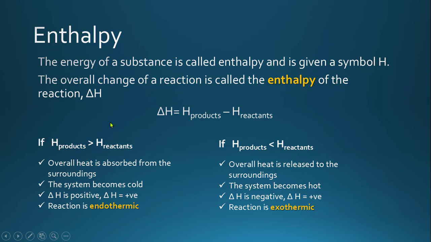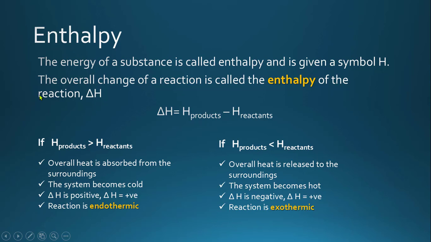Enthalpy. All substances are said to possess enthalpy, also called heat content, and we refer to that as H. If a reaction is carried out at constant pressure and no other work is involved, then the heat that is absorbed or evolved from the reaction is considered the enthalpy change.